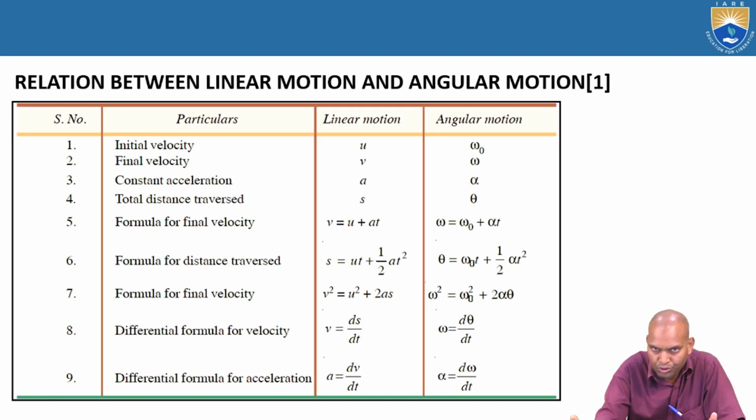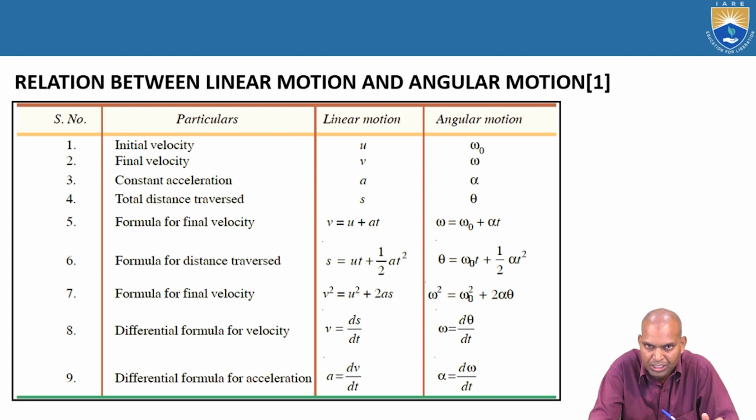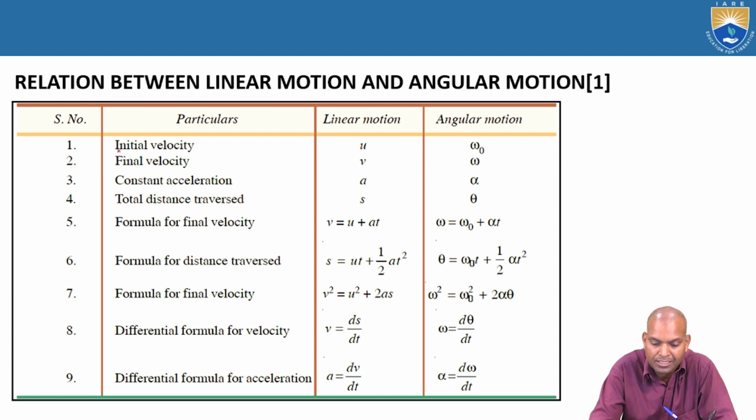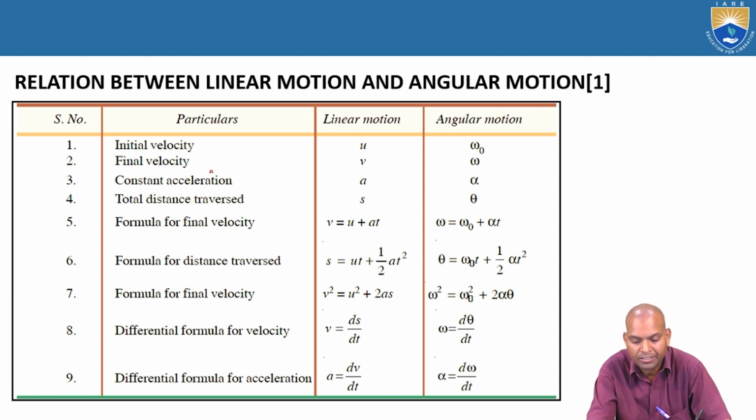Before we start solving the problem, there is a relation between linear motion and angular motion, so that we can understand better by comparison. This slide is important so that we can correlate linear motion and angular motion. In linear motion, the initial velocity is denoted by small letter u; for angular motion, it is omega 0. The final velocity is v for linear motion, and for angular motion it is omega.